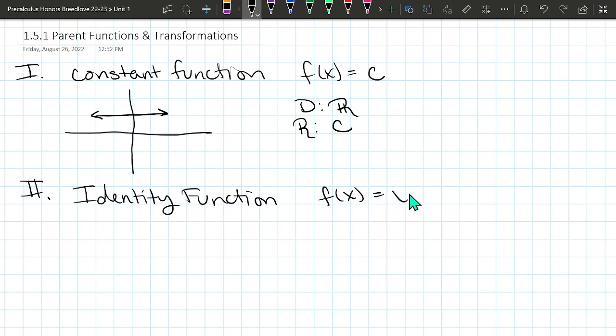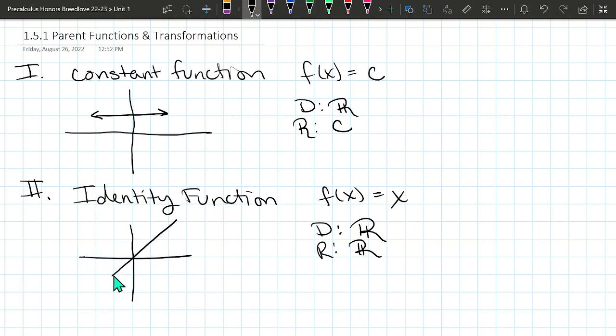F of x equals x, where the domain is all real numbers, or negative infinity to infinity, and the range is also all real numbers. It's called the identity because it's the one where all the others come from. So all the rest of them will be operations on the identity function. There it is.